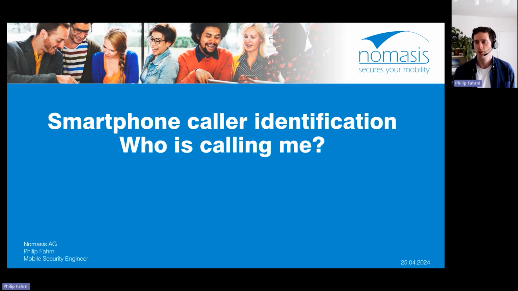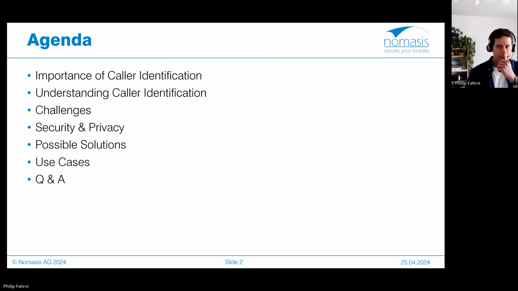Who hasn't had the pleasure of a phone call from an unknown number which you ignored, but you should have picked up because it's an internal colleague or maybe even a customer? We will cover some parts.